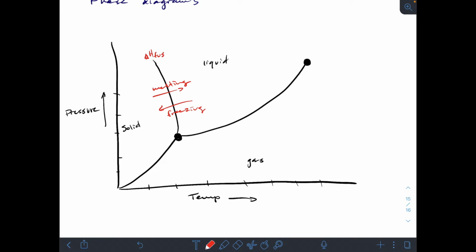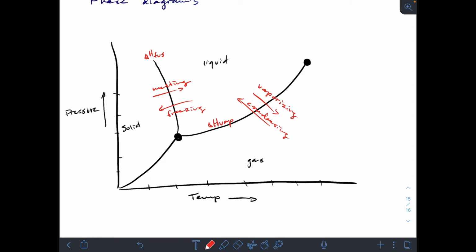Going from liquid to gas, we're vaporizing. Going from gas to liquid, we're condensing, and that line represents delta H of vaporization.